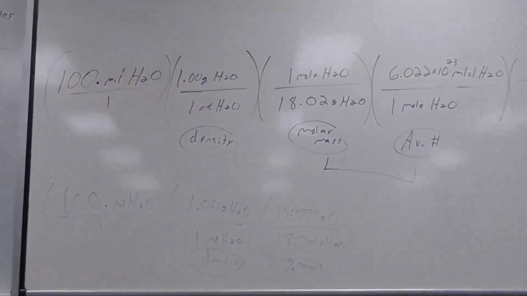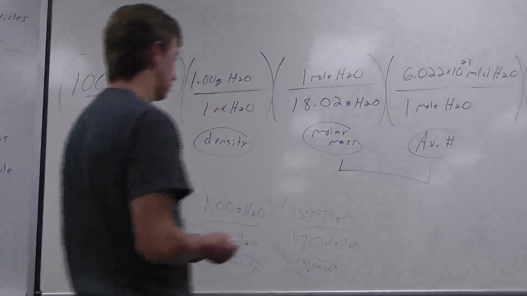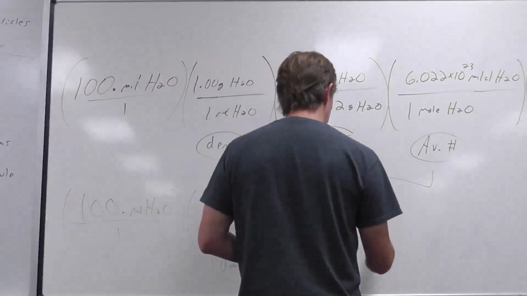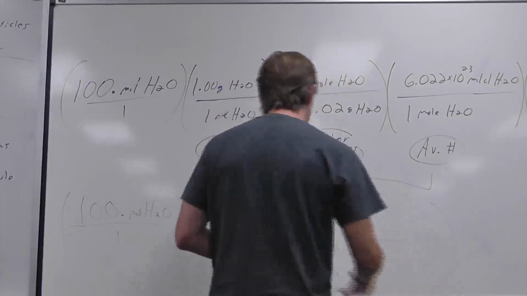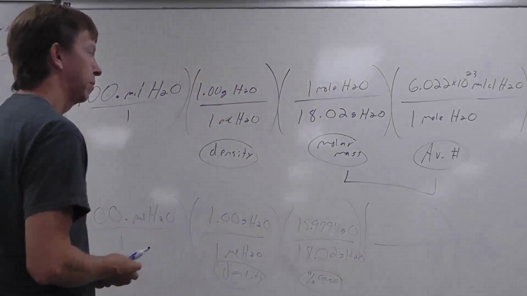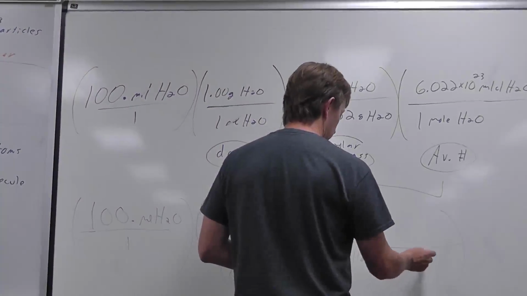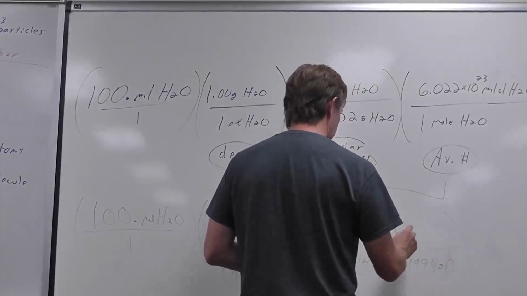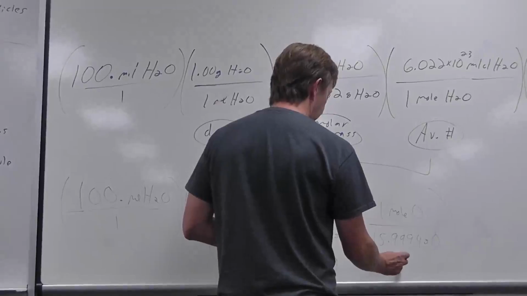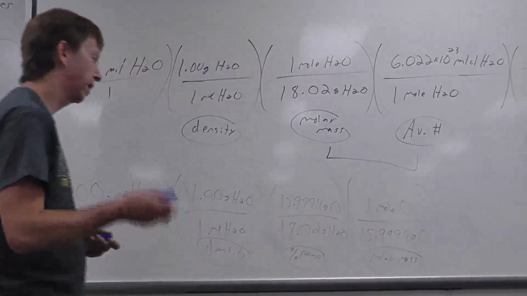And there we're going from the water to the oxygen part of the water. Question about that? That gets us to grams of oxygen. We want to get to atoms. The molar mass of oxygen, 15.9994 grams, is 1 mole.